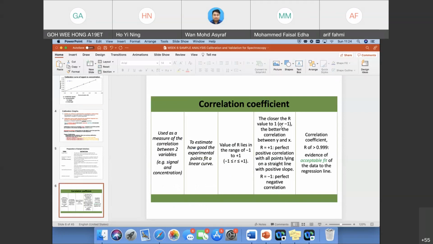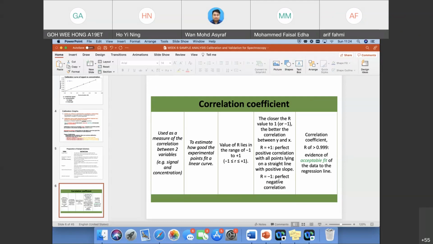So the closer the R value to 1 or -1, the better the correlation between Y and X. So you look here, +1 or -1, perfect correlation. That's what we are trying to aim for. R must be near 1, doesn't matter -1 or +1.